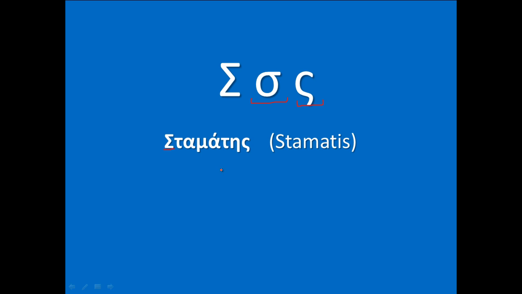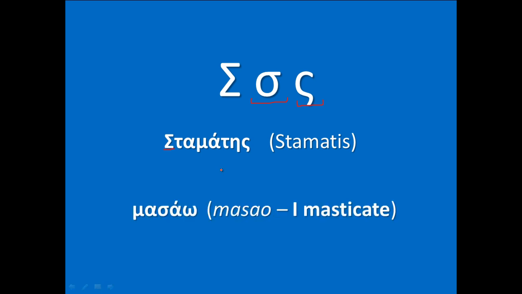The following word is masao, that means I masticate. By the way, over here I can mention something to you. In English language, whenever we express a verb, we just used to say the infinitive without to. For instance, masticate.